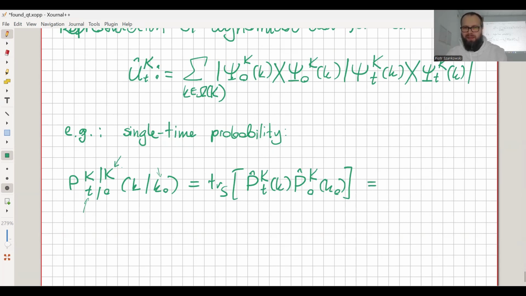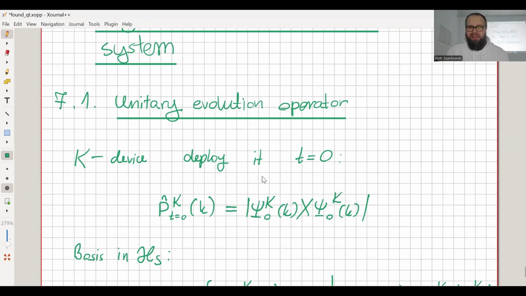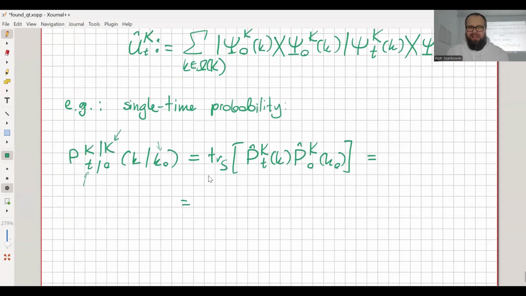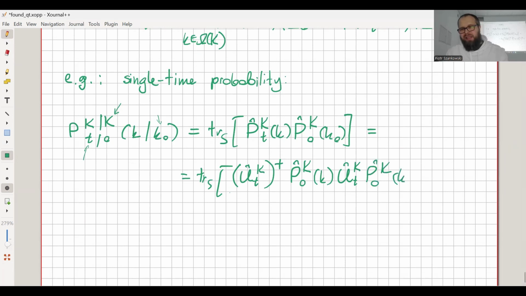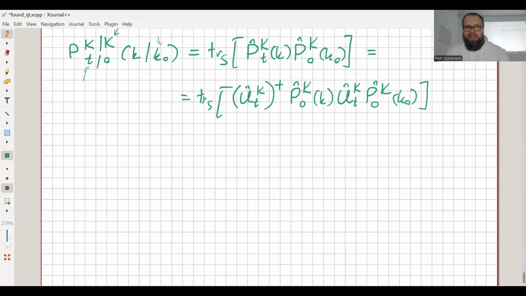last week, right? But now, using this and this, we can rewrite it as trace of u_t^k dagger P_k0 k u_t^k P_0 k k0, and then it's just the absolute value of <k0| k u_t^k |u_0 k k0>.